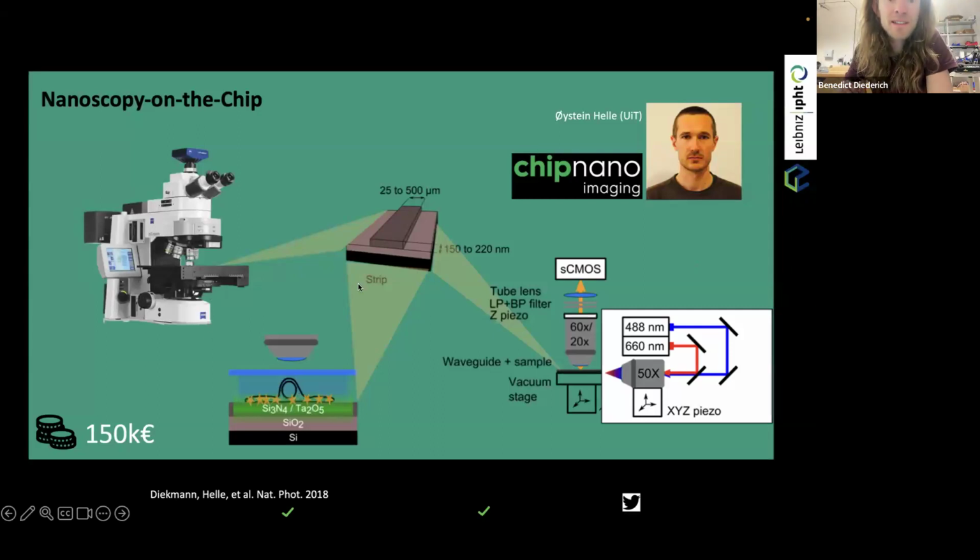And so what you do here is you have a photonic chip that is being fabricated, for example, now by this company, but I think there are many others, that is insanely thin. So you have 150 nanometer high silicon nitride on a substrate that's, for example, silicon dioxide.